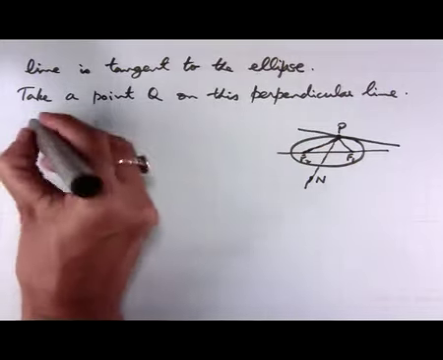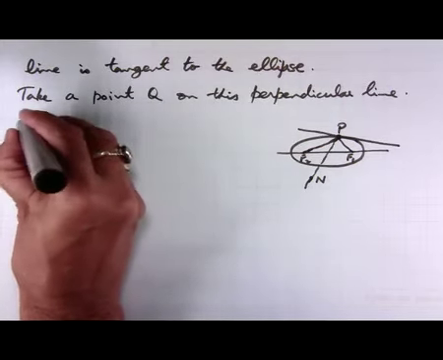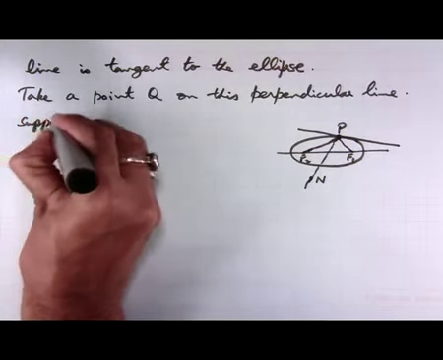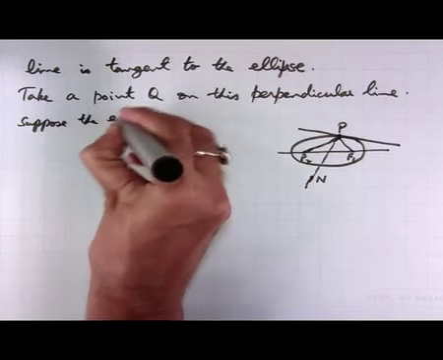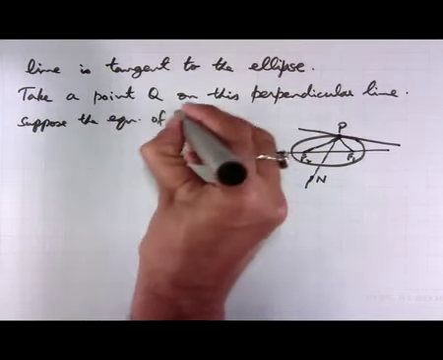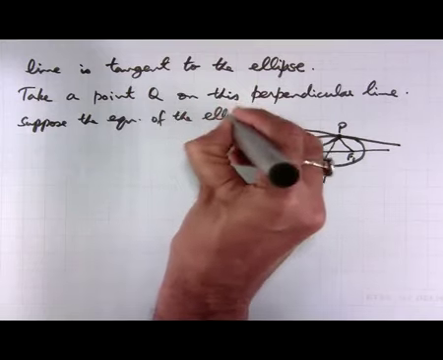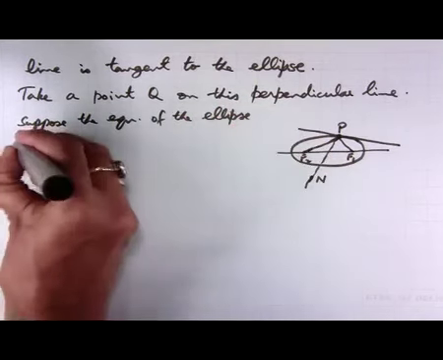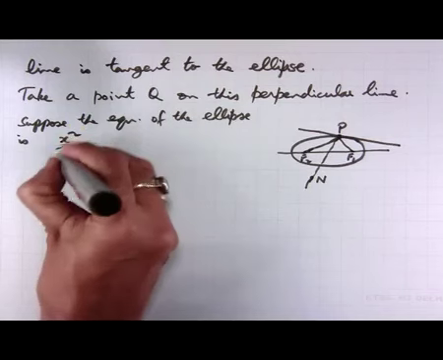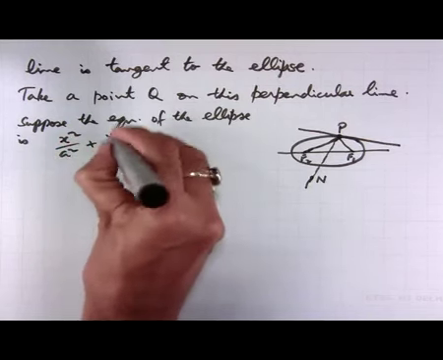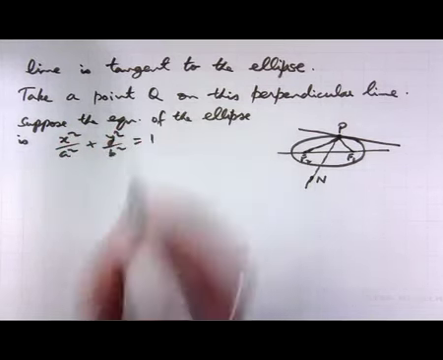Now, suppose the equation of the ellipse is x squared by a squared plus y squared by b squared equal to 1.